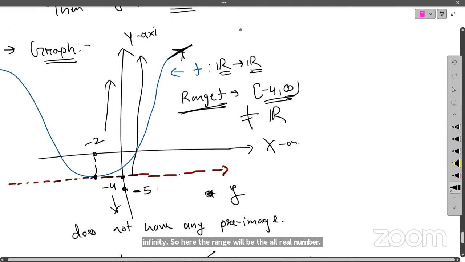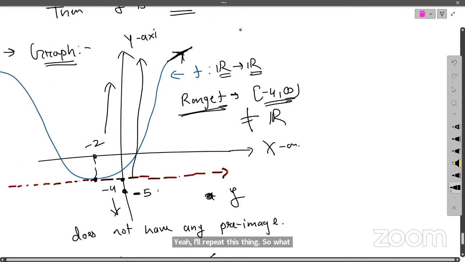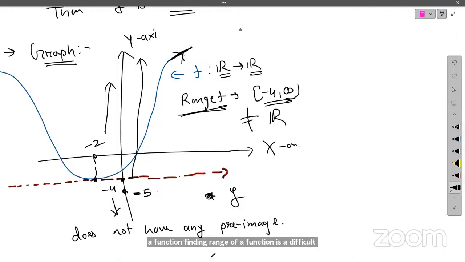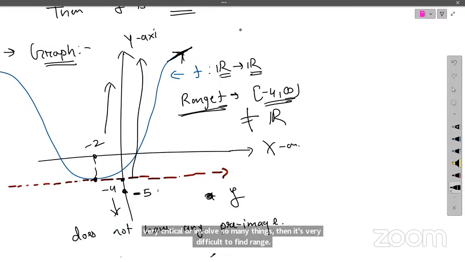I'll repeat this thing. Finding the range of a function is a difficult task. You cannot easily find out the range of a function. If the expression is simple, then okay, you can find the range. But if the expression is very critical or involves many things, then it's very difficult to find the range. So what we do is find the range of a function using the graphical method for the time being.